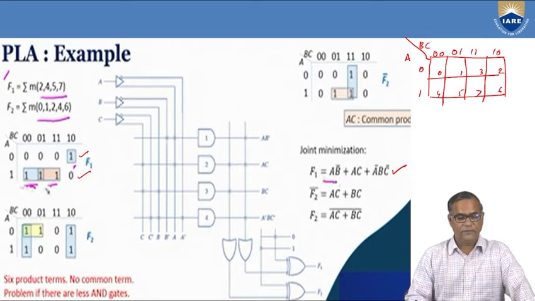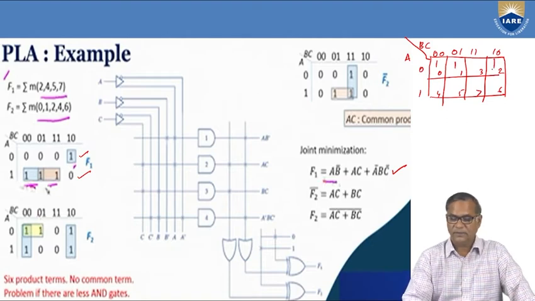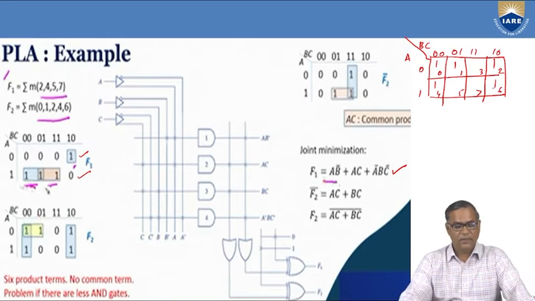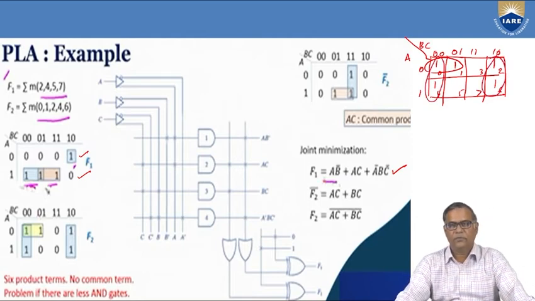So F2 has 0, 1, 2, and 4, 6. There are so many terms. As you see here, you have to combine these two, these two, and these two. So much minimization you have to do.